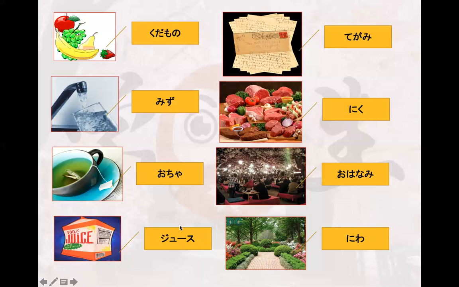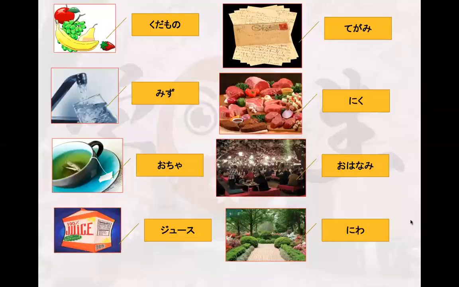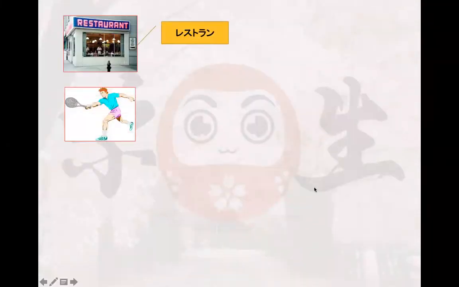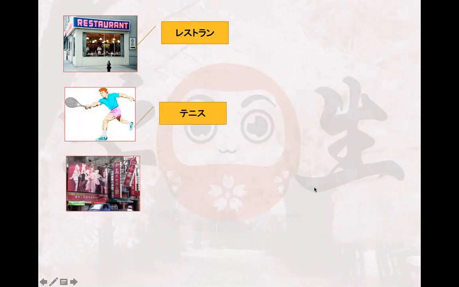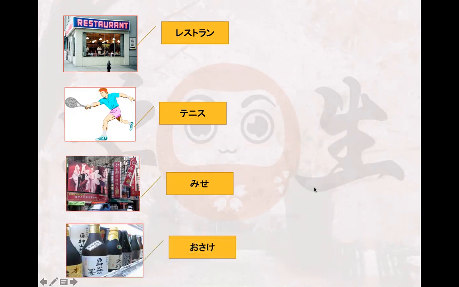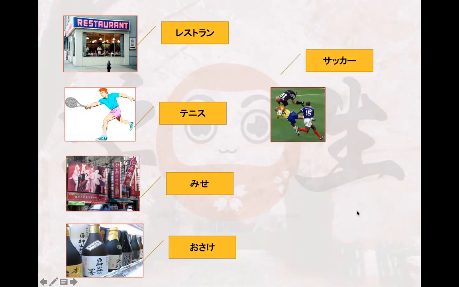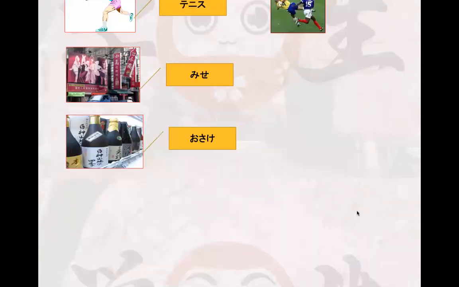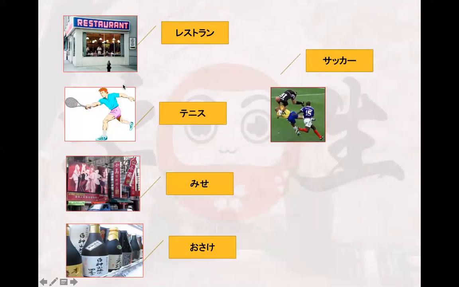Be careful with the contracted sounds and the hyphenated sounds. Also, we have restaurant, tennis, and mise, which means shops. Then, of course, the very famous osake, or what they call Japanese rice wine. And they are fond of soccer. So these are the vocabularies that we are going to use in our grammar explanation.